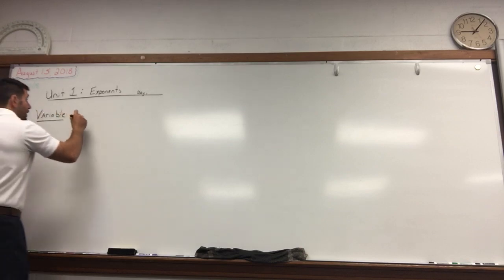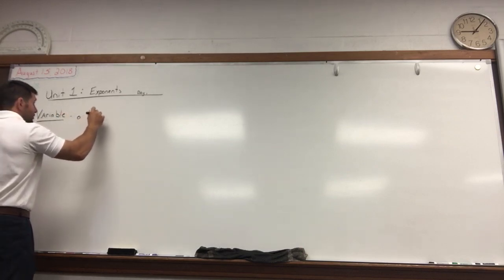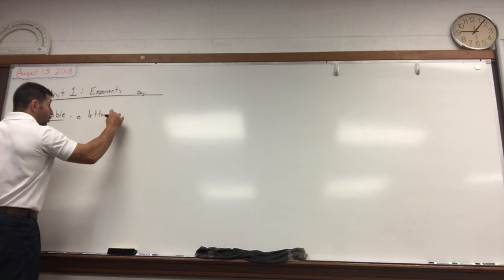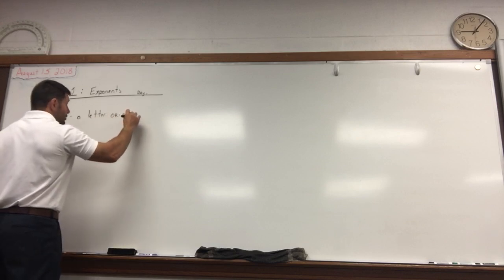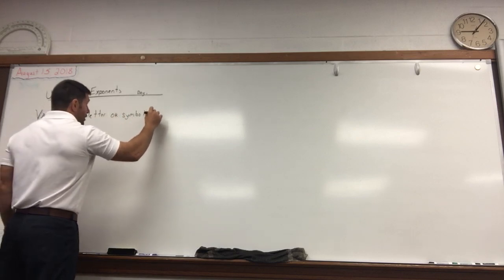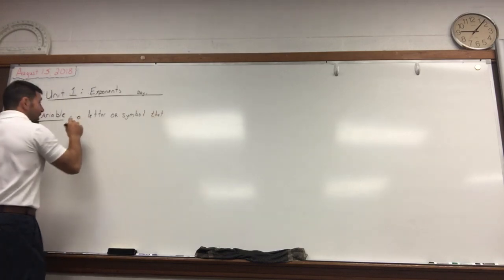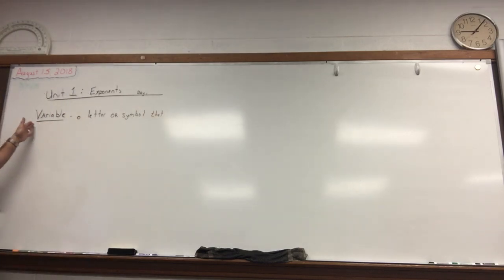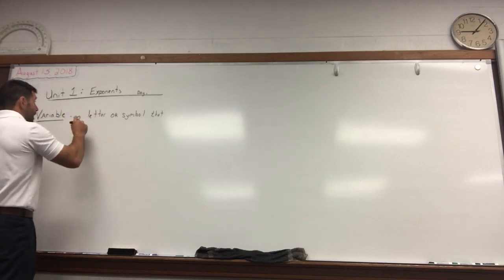Very good. A variable is a letter or symbol that replaces a number. Now, watch what I'm going to do here. I don't write any words under my underlined word. I want to be able to find that in my notes very easily.